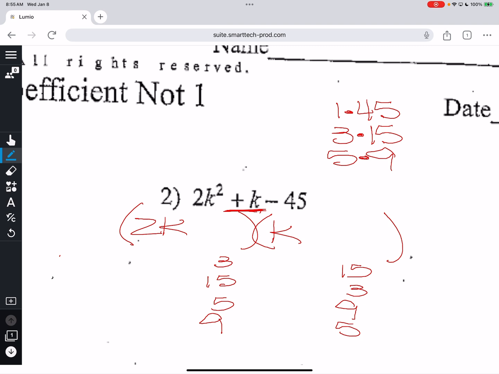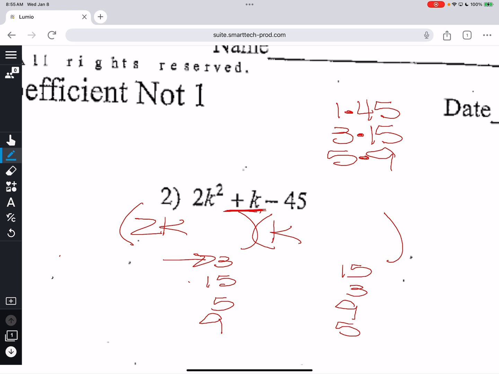So what did y'all get? 15 and 3. 5 and 9. I know, 15 and 3. Okay, if we did 15 and 3, that's going to be 30 minus 3. Because 15 times 3 is 45. So which way did you go?